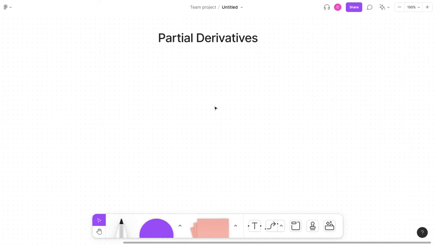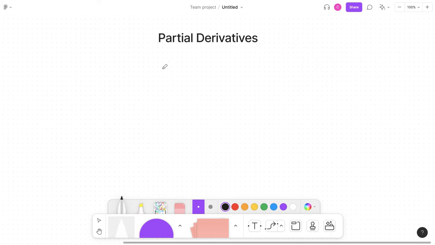So in partial derivatives, you just take the derivative, but you pretend all of the other variables are constant, and the one you don't pretend is constant.